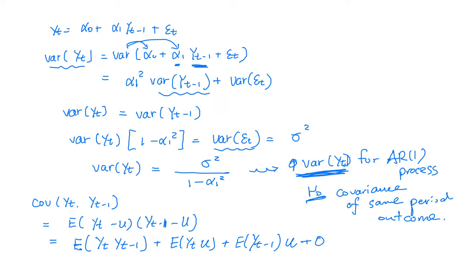So covariance of yt minus 1. Why don't we just use the covariance function? That'll be easier.